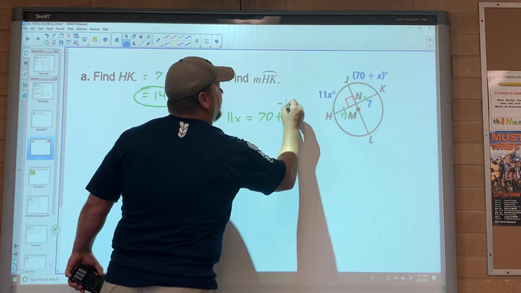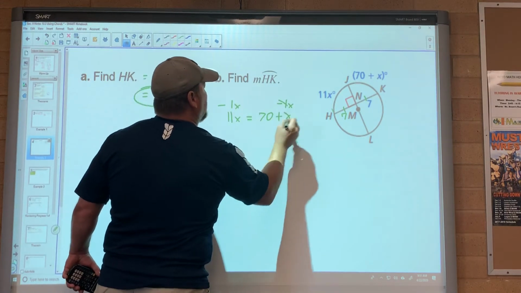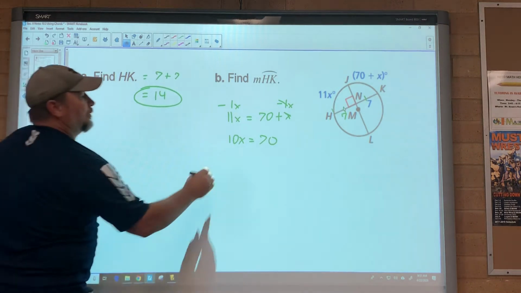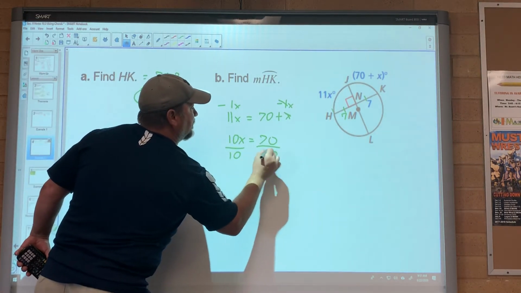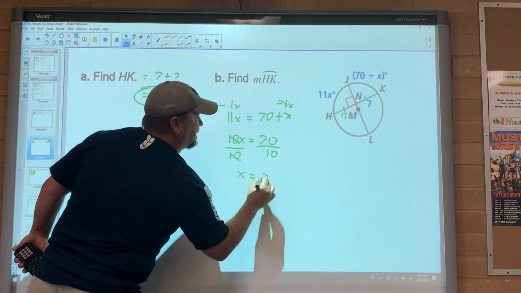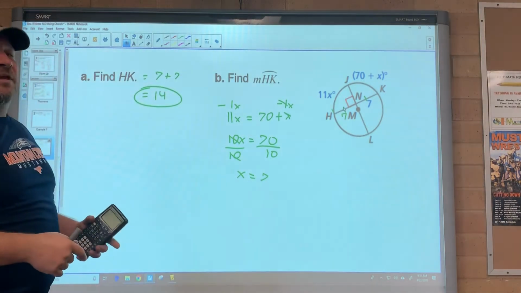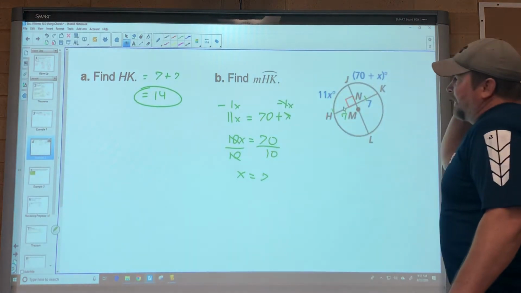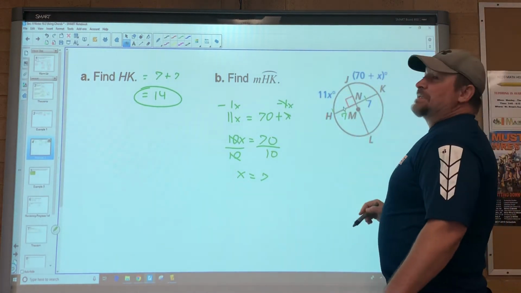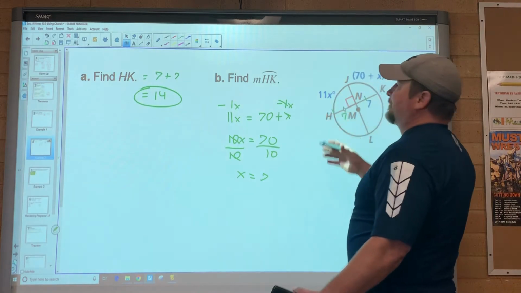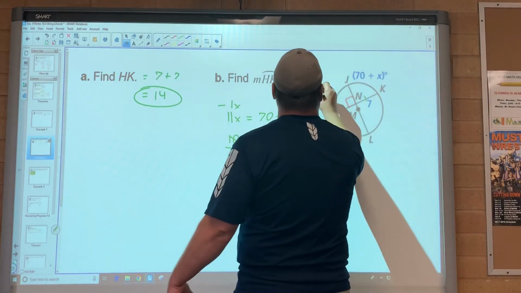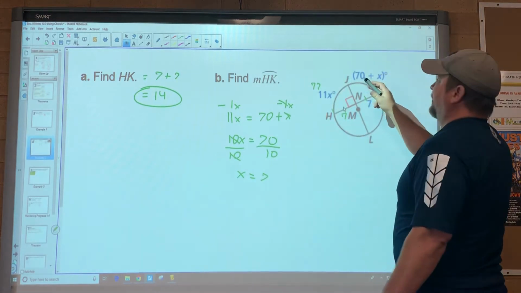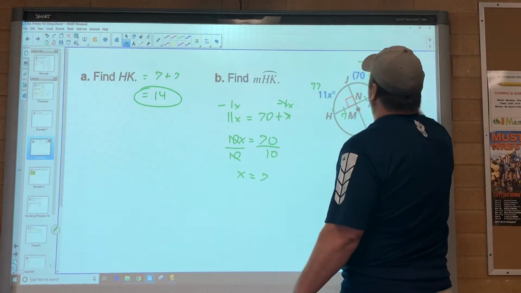We subtract 1x from both sides, we get 10x equals 70. We'll divide by 10, and x equals 7. Now, that's not what they asked for. We just found x. Now we can plug it back in and get what we need. So 7 times 11 is going to be 77. And then this would be 7 plus 70, which would be 77.